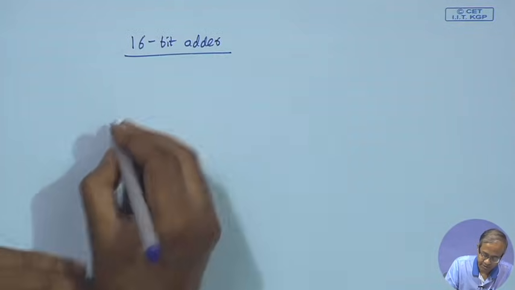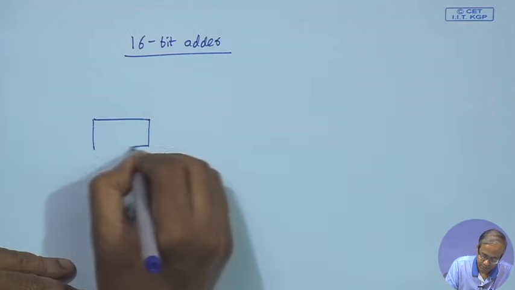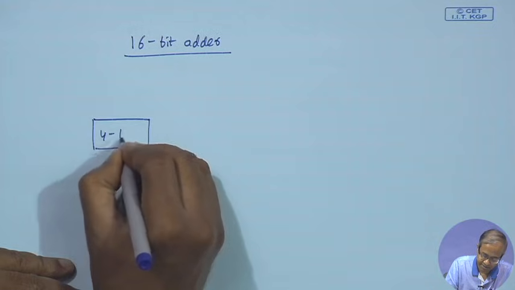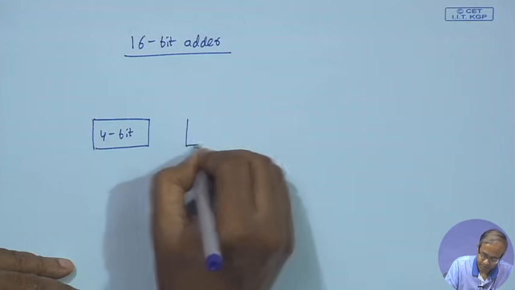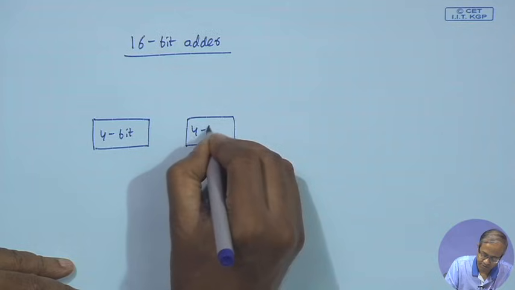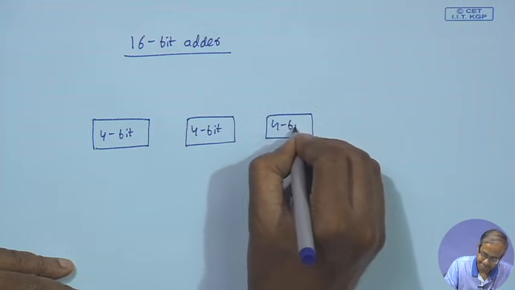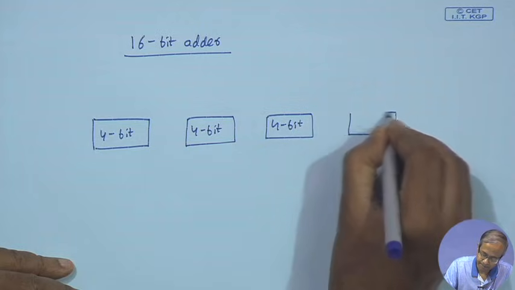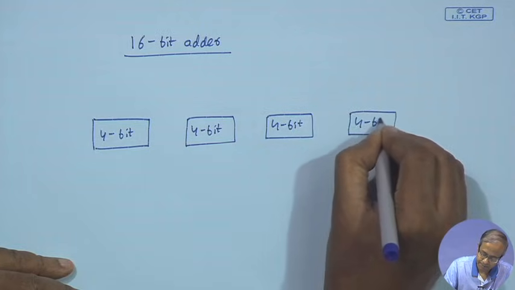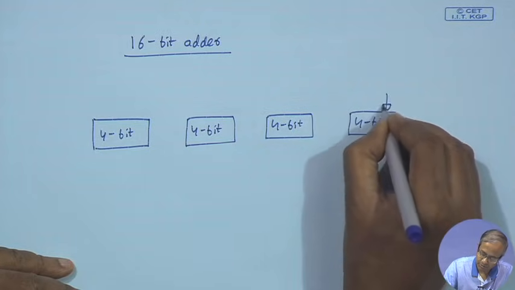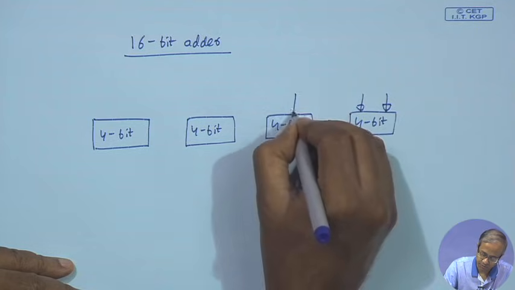So, what we are saying, we will be using 4-bit adders. Let us take 4 4-bit adders. They will all be fed with 2 4-bit numbers.